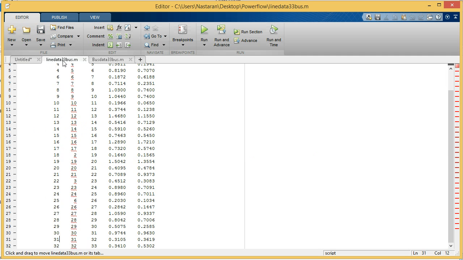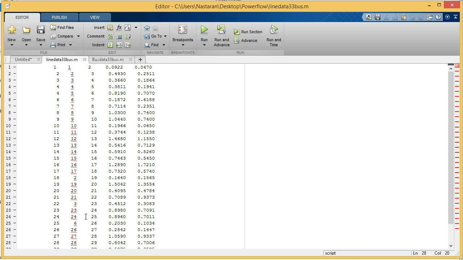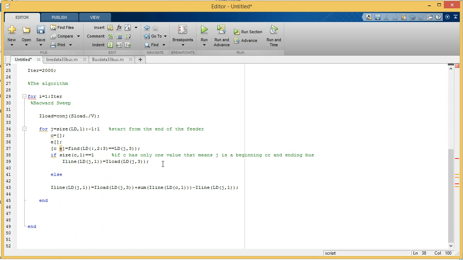So for example here you can see that for 33 we have only one 33 over here, and that means 33 is an ending bus, okay? Or for example 18 is also an ending bus too, because it is only repeated once, and there is no other line connected to this bus except the line 17.